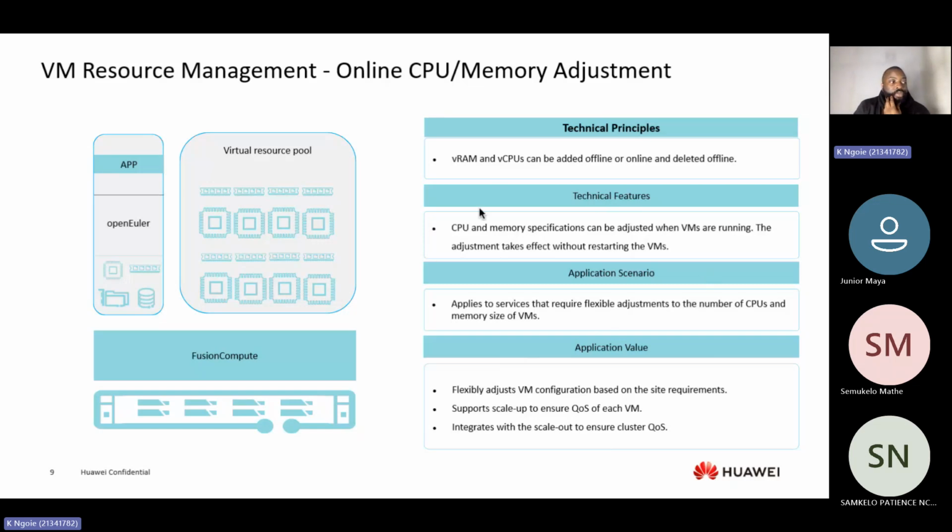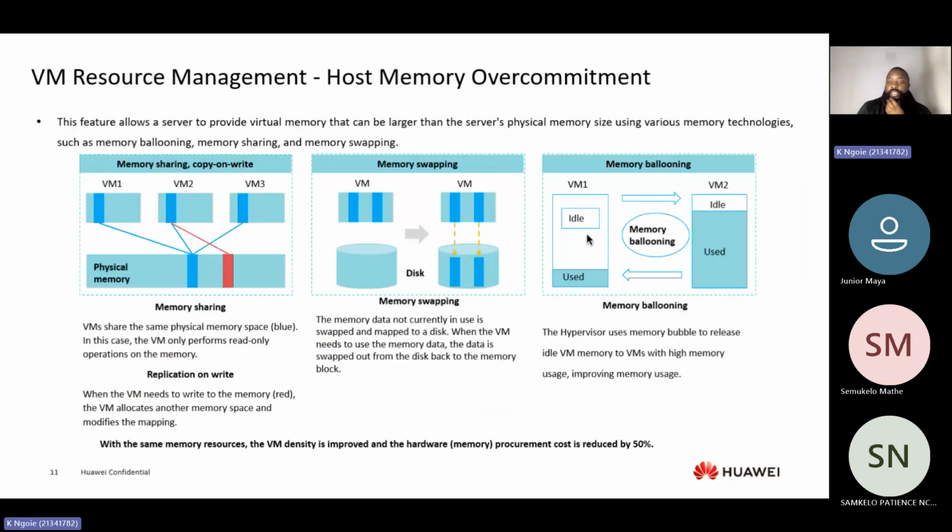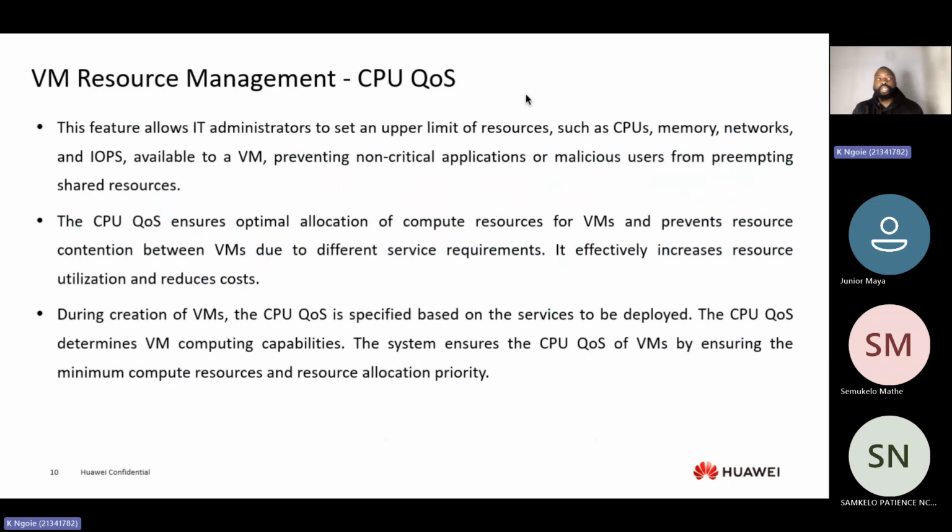All right. The next feature will be the CPU QoS. This feature allows the administrator to set an upper limit of resources such as CPUs, memories, network, and IOPS available to the virtual machine.